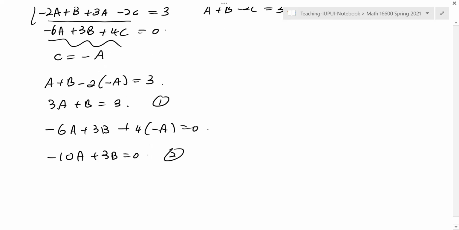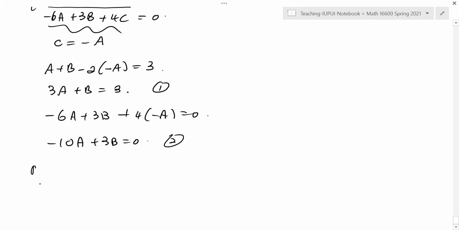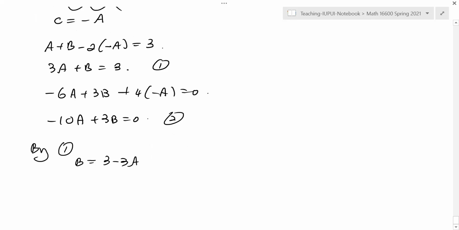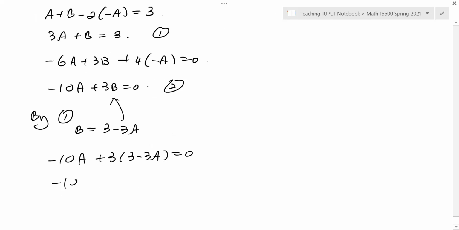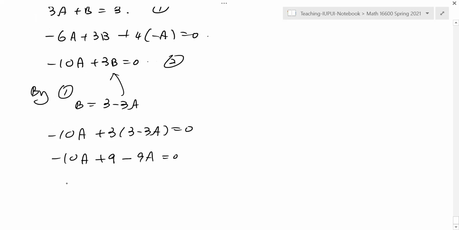But it's not that easy to solve this equation. I'm going to solve for b: 3 minus 3a. I'm going to put it here. Okay, and I'm going to get −10a + 9 − 9a equals 0. So it's 19a equals 9.